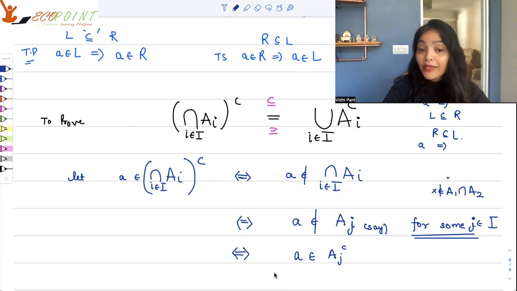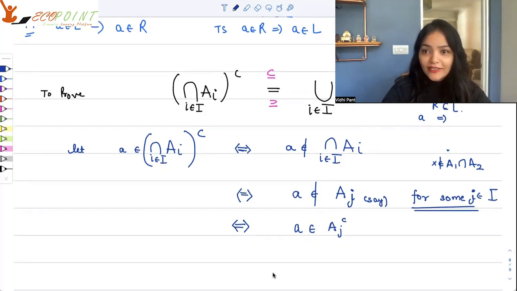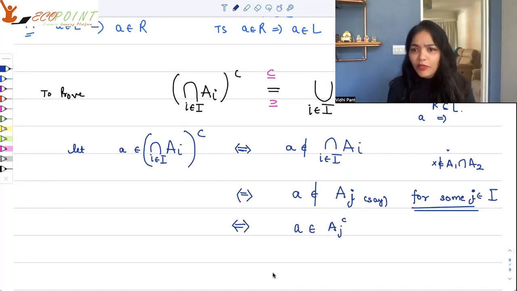Now, if an element is in one set, it's always in the union, right? Whether the set is a complement or not, it doesn't matter. So if it is in one set, it is always in the union.